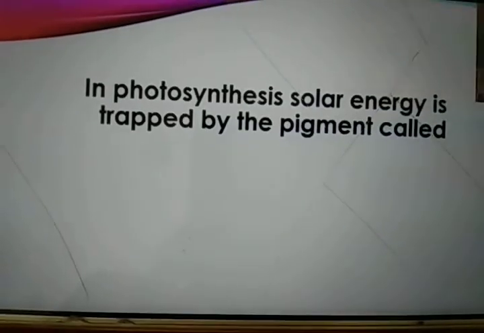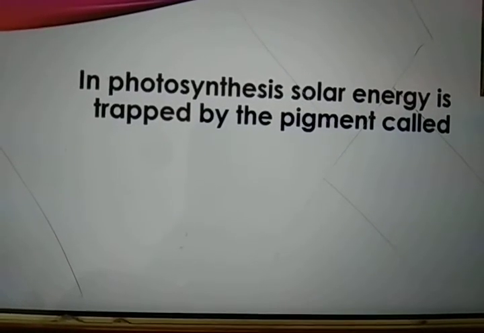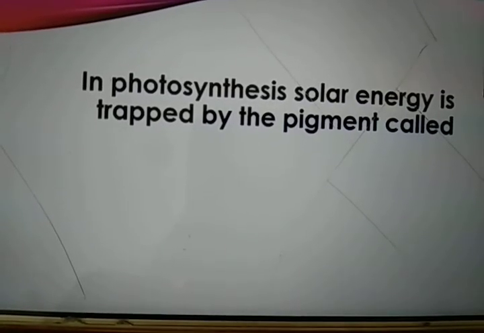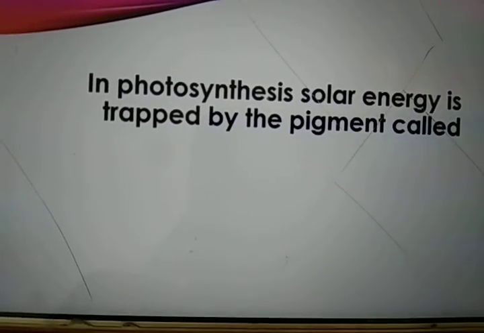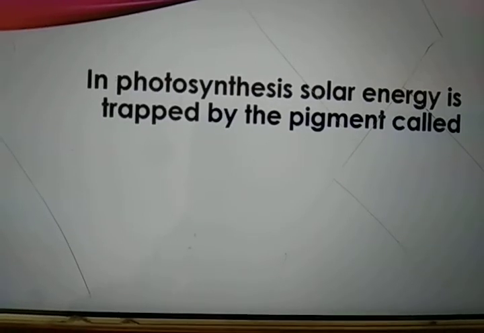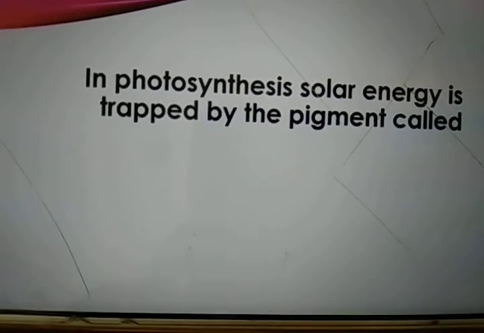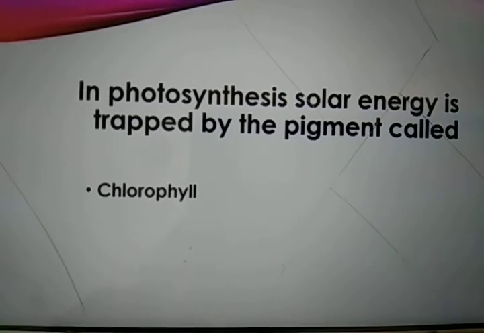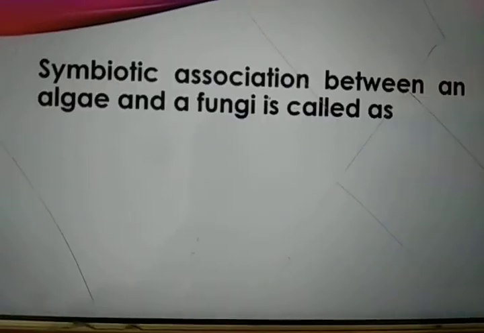Now the next question. In photosynthesis, solar energy is trapped by the pigment called. So what was the name of that pigment? I know all of you know the answer of this question. Chlorophyll.